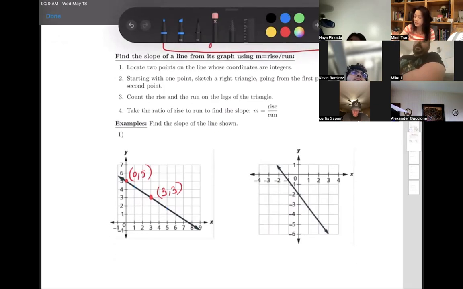Okay, so now we find the slope. m equals y2 minus y1, over x2 minus x1. What is my y2 and what's my y1?